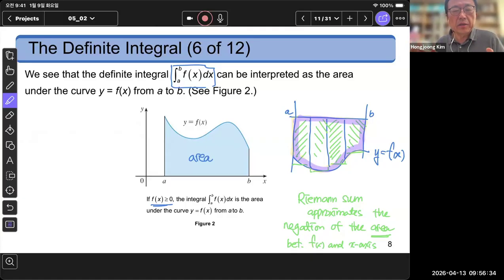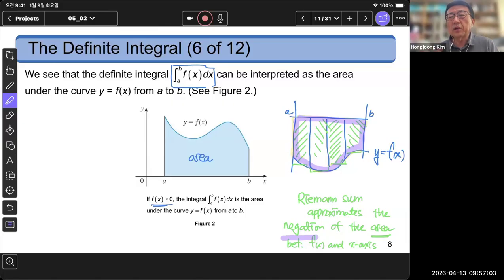But the area is always non-negative. And since the Riemann sum just multiplies the function value with delta x, and delta x is positive and the function values are all negative, this Riemann sum is negative valued. So the Riemann sum for this negative f of x will be negative valued, and so that will approximate the negation of the area between f of x and the x-axis.